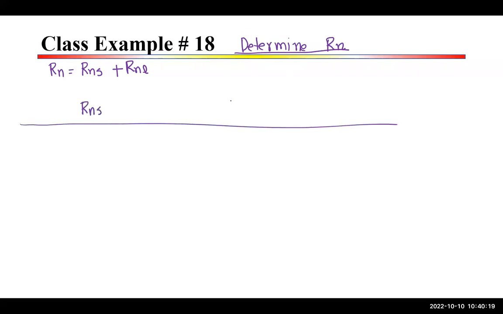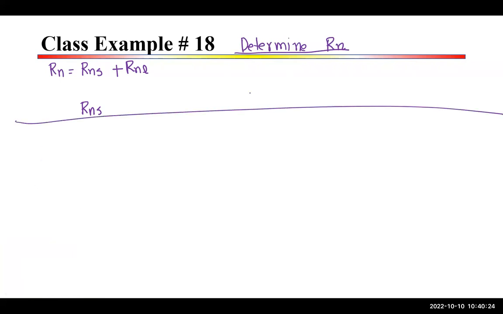Okay. So the next one is determine Rn. Now that Rn, it was the net radiation, which was the summation of net short wave radiation, net long wave radiation, right? So we need to find RNS and RNL.